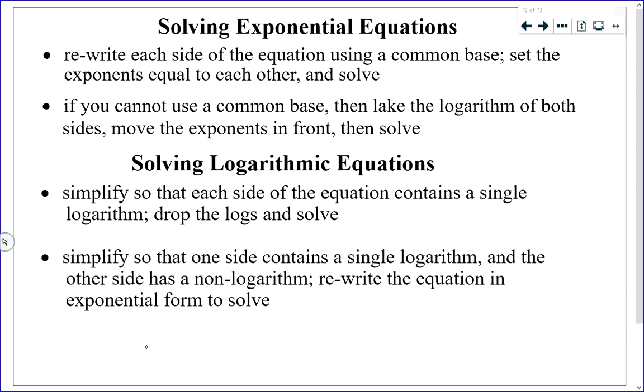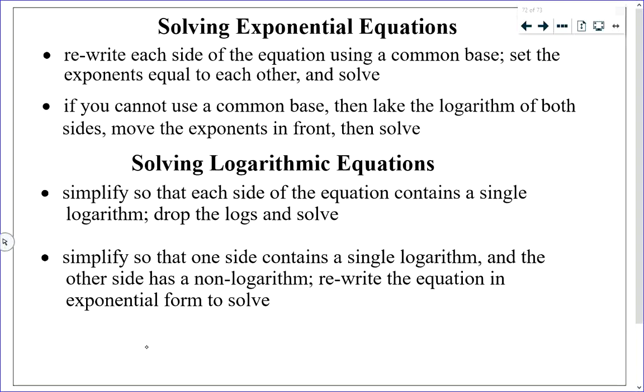Sometimes, however, when you have a logarithmic equation, you're missing a logarithm and there's a number in its place. And what you can do then is simplify it so that you have a single logarithm equal to a non-logarithm, but then you just write it in exponential form and solve it.